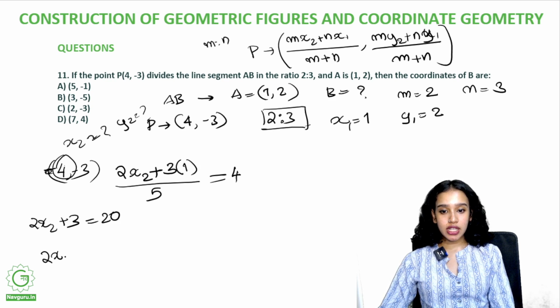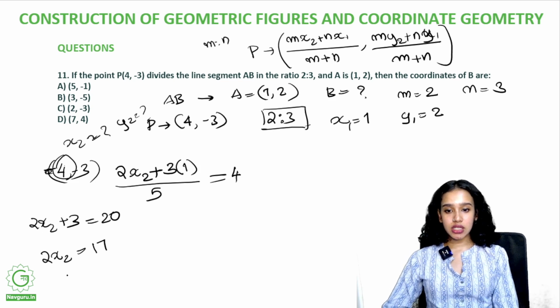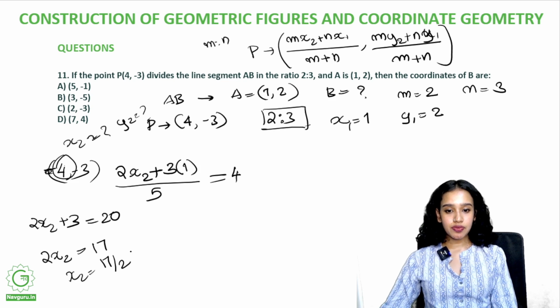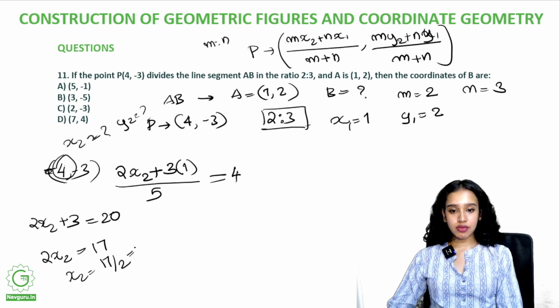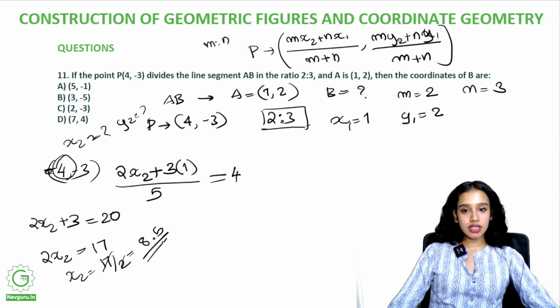So we have 2x2 is equal to 20 minus 3, which is 17, right? And we have x2 is equal to 17 by 2, which is 8.5, the x coordinate, right?